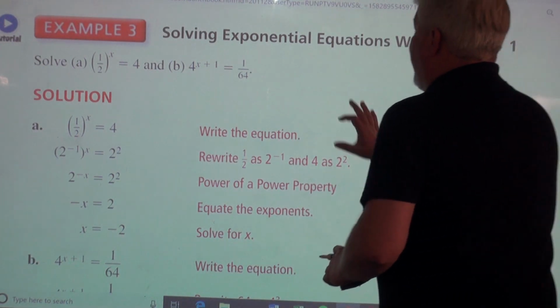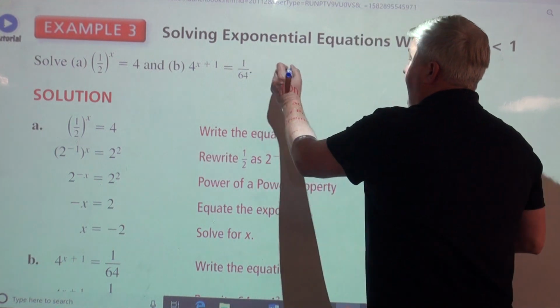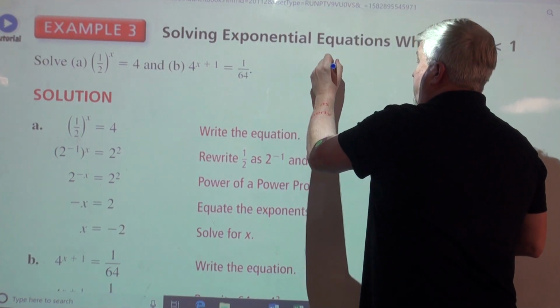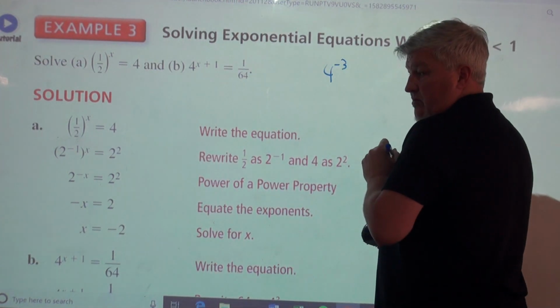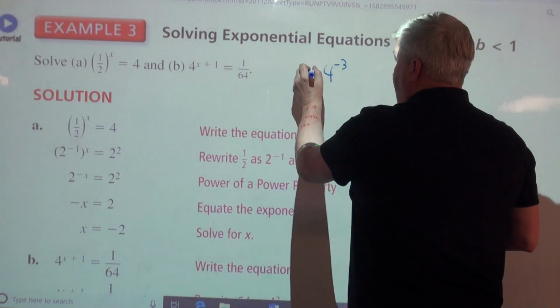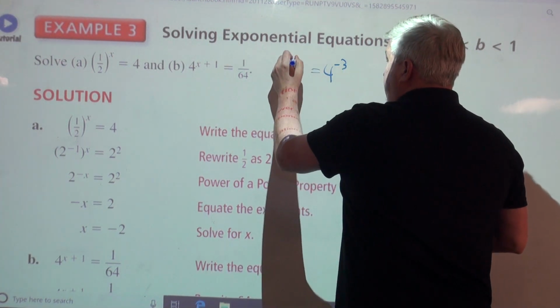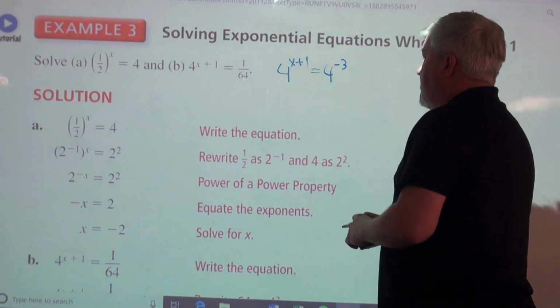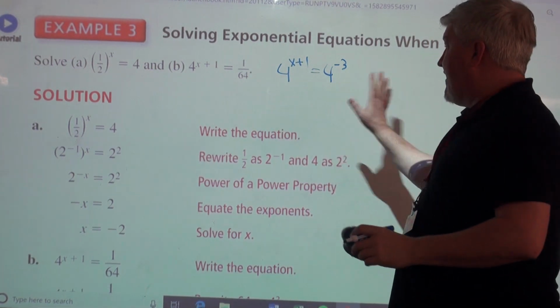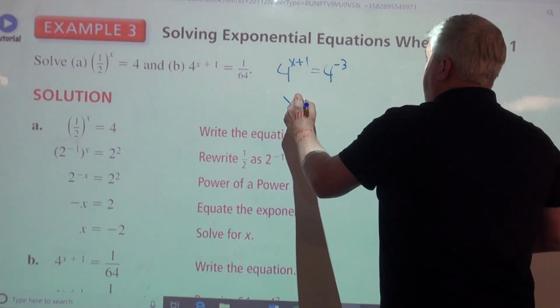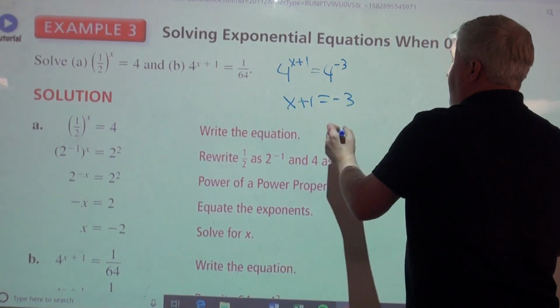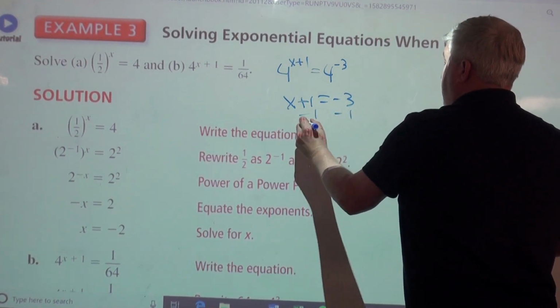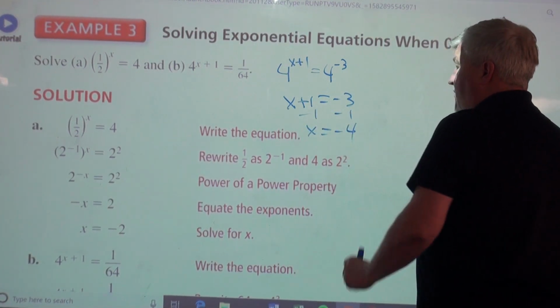So I can rewrite this, the 1/64th, as 4 to the negative 3. Okay, and that equals 4 to the x plus 1. So now I have like bases. I can get rid of the bases and do the algebra. X plus 1 equals negative 3. Subtract 1. X equals negative 4.